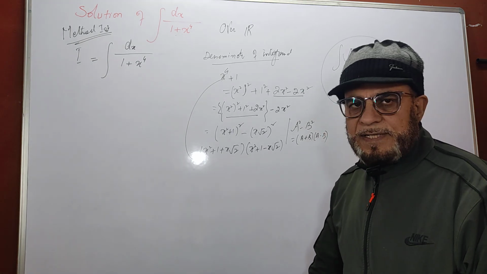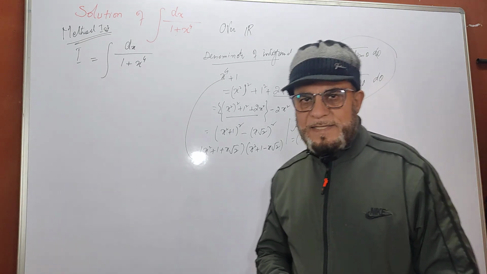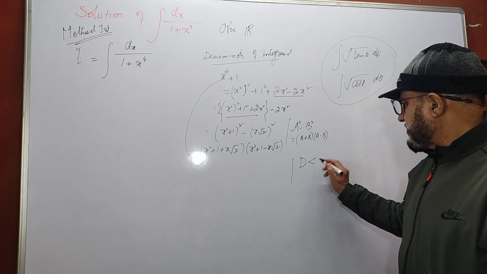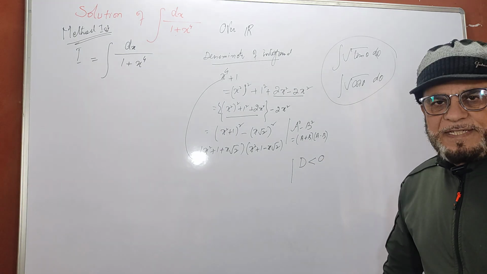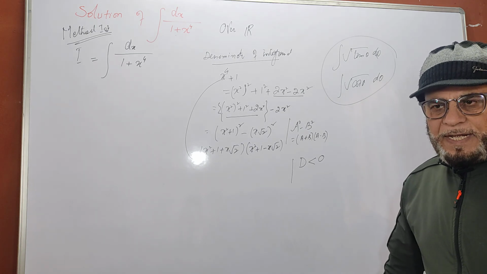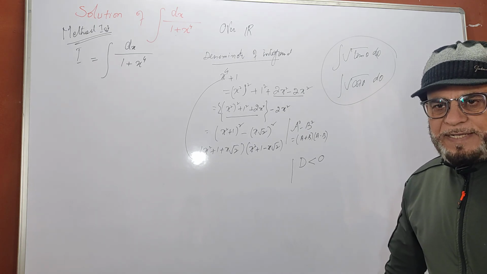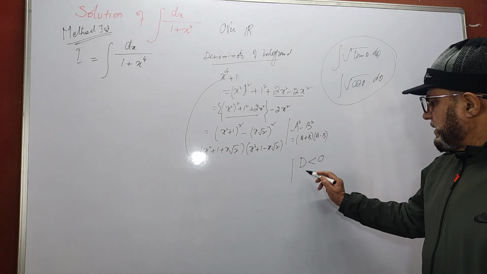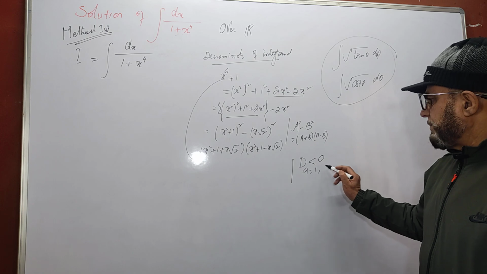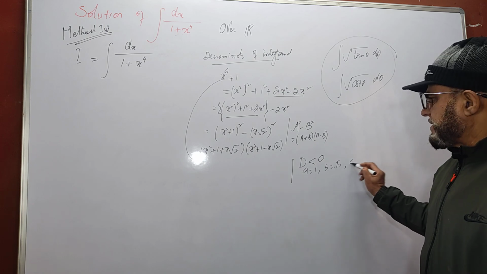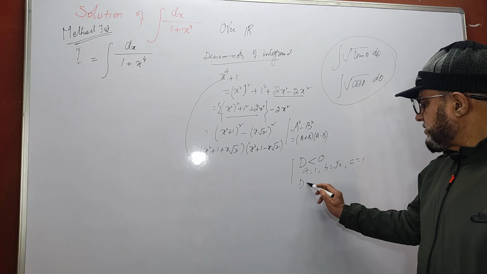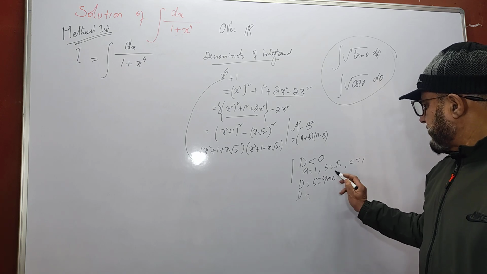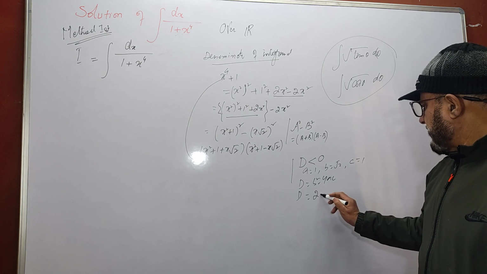The possibility you can see: if the discriminant is less than 0 for a quadratic, then it is the proof that you cannot write it further into linear factors. You see there, my a is 1, my b is root 2, and my c is 1. If I write D is equal to b^2 minus 4ac, that gives me D is equal to b^2, this is 2, that is minus 4.